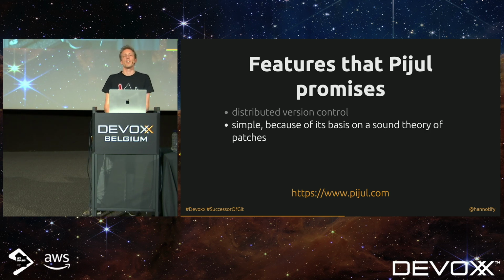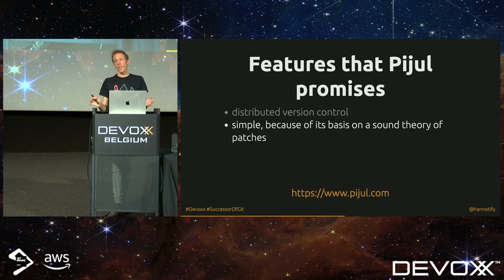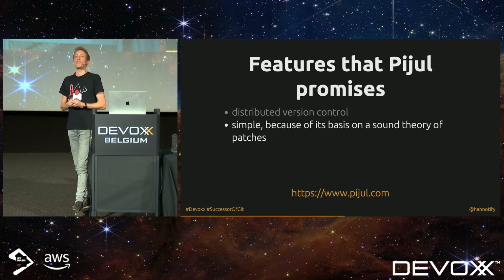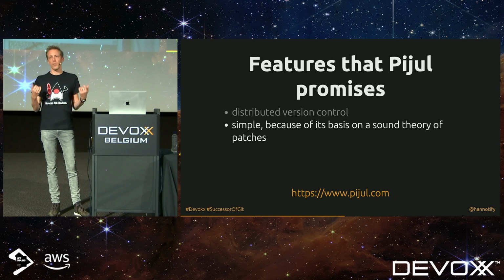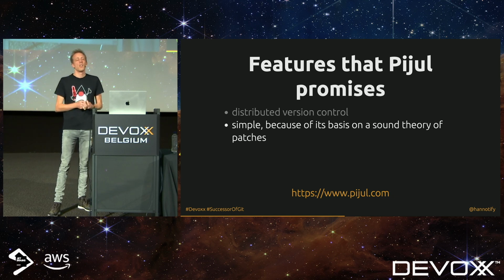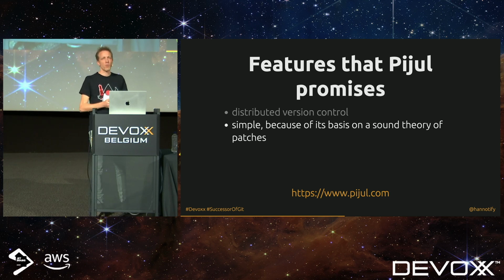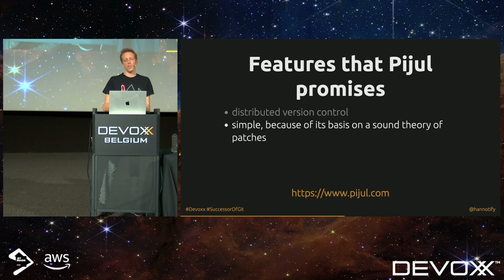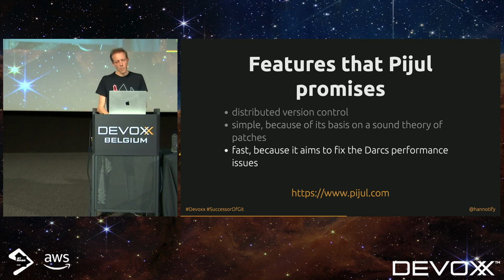I'm not a mathematician, but if you like that stuff, you should really check out their website. It's by no means the first patch-based version control system, because Darcs is also a version control system based on patches. But Darcs never got really quite popular because it was kind of slow. And one of the main features of Pickle is to fix the slowness of Darcs.